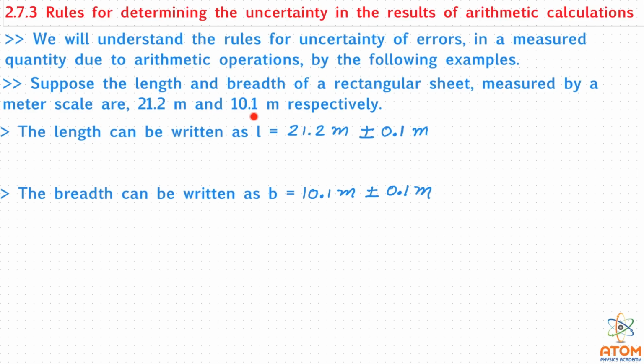Breadth is also measured up to the first decimal place, so the precision of this meter scale is also 0.1 meter. So we can say the maximum possible error is 0.1 meter in length as well as in breadth. That's why I have written 21.2 meter plus or minus the maximum absolute error 0.1 meter, and here also 10.1 meter is the breadth plus or minus 0.1 meter.